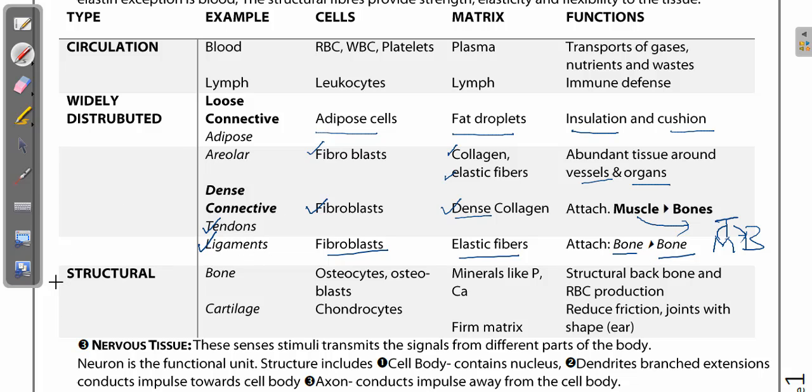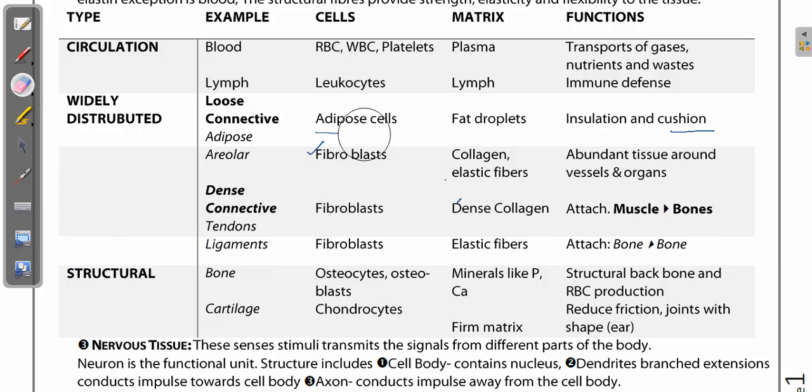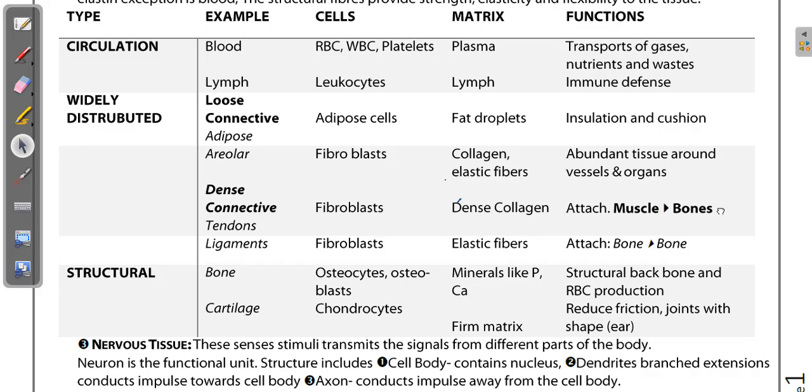Alright, so next is the structural supporting connective tissues. The structural supportive tissues are bone and then cartilage. So the bone and cartilage are some of the important structural supporting tissues. You can see they are made up of the osteocytes, the cells that play a major role in the formation of the bones, and then osteoblasts.